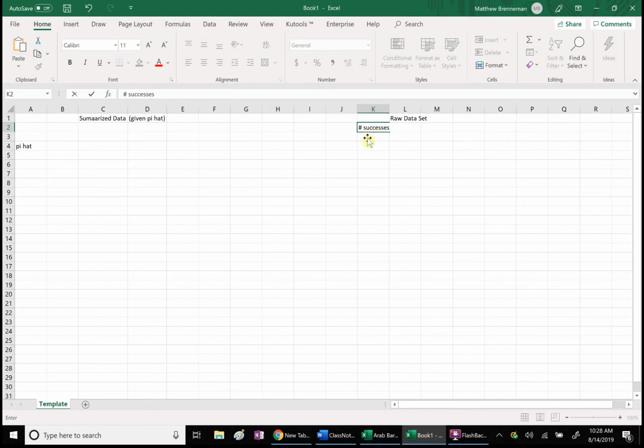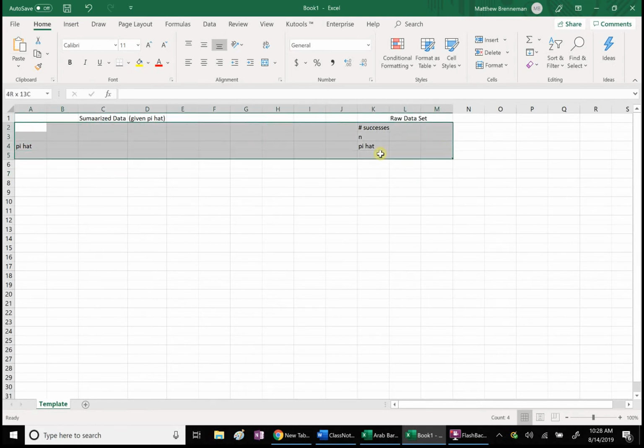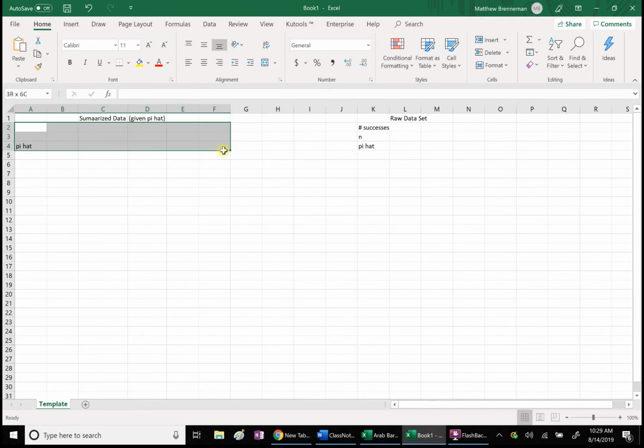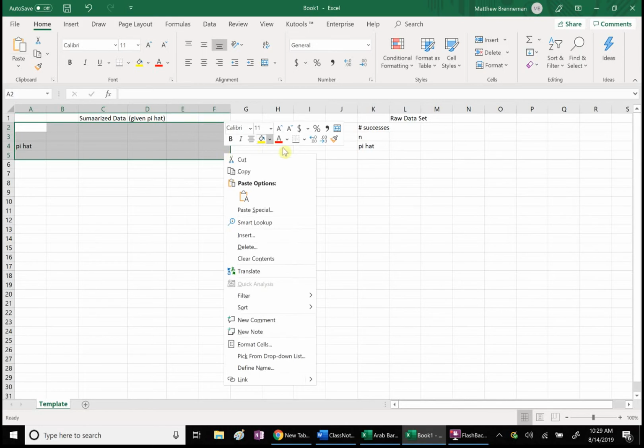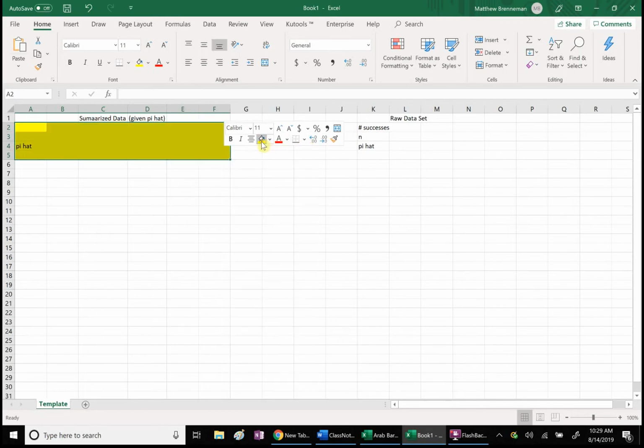We're going to get that using a COUNTIF command, and then we're going to use the sample size, and then we'll be able to compute pi hat once we have that. So this part of the data set deals with the estimator. I'm going to color that a little differently.